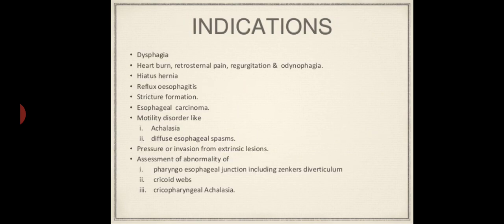Indications of the barium swallow are dysphagia, heartburn, retrosternal pain, then hiatus hernia, reflux esophagitis, stricture formation, esophageal carcinoma, motility disorders like achalasia, diffuse esophageal spasm, pressure or invasion from extrinsic lesions, and assessment of abnormalities of the pharyngoesophageal junction including Zenker's diverticulum, cricoid webs, then cricopharyngeal achalasia.